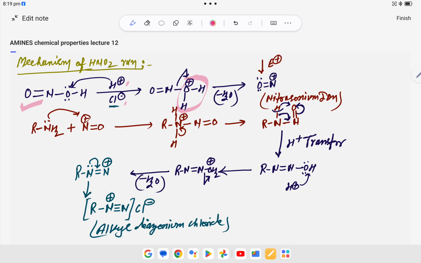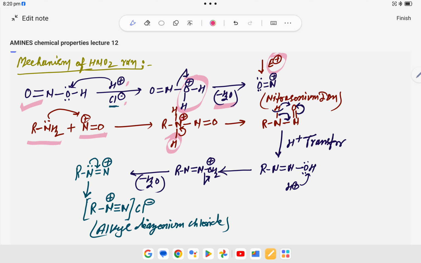By taking the electrons, that water species will leave, and it forms the nitrosonium ion. The oxygen octet is not completed, so it works as an electrophile. Then the amine's nitrogen, which has a lone pair, attacks the positive charge. So this nitrogen is donating, then positive charge here, two hydrogens, NO. In the next step, children, the positive charge will vanish by the sacrifice of this hydrogen.